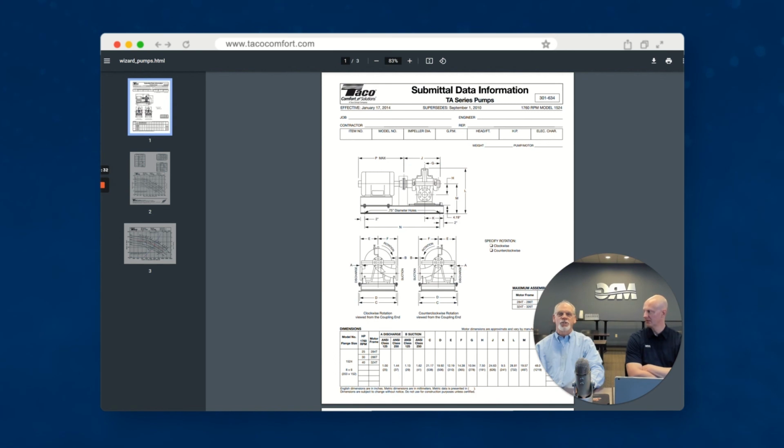The other thing is the suction will be one pipe size larger. So the larger pipe is your suction, the smaller pipe is your discharge. That's on your end-suction pumps and on your horizontal split case pumps. With your inline pumps, they're always the same size in and out. On those, you can tell which is the suction because you can see at the bottom where the pipe comes in on the flange, the bottom is larger.